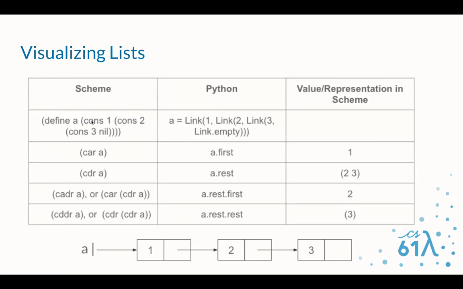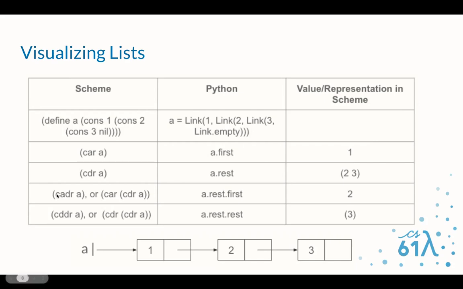So you have cons followed by 1, which is the first element, and then a second cons that's passed in as well. All of these are very similar to Python, which is good because you guys worked with that for a while. Same thing with car, as I mentioned before, equivalent to a.first, and then cdr just returns the rest of the linked list.